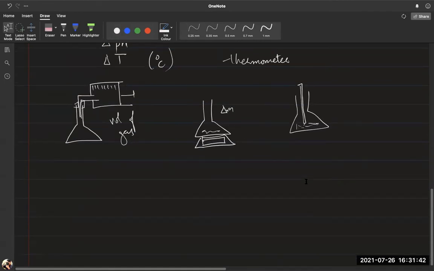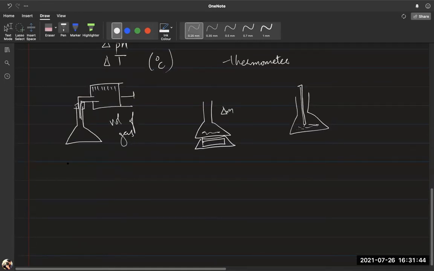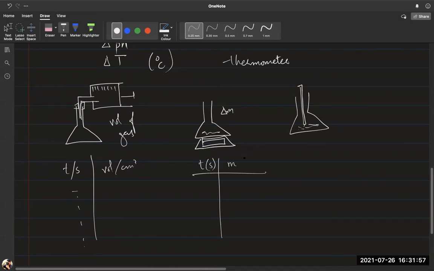In this case, your graph or table will have time in seconds and volume in cm cube, and then you will put the values here. In this case, you will have time in seconds and mass in grams, and you will take the values here. In this case, you will have time in seconds and temperature in degrees Celsius on the side, and then you will measure that.